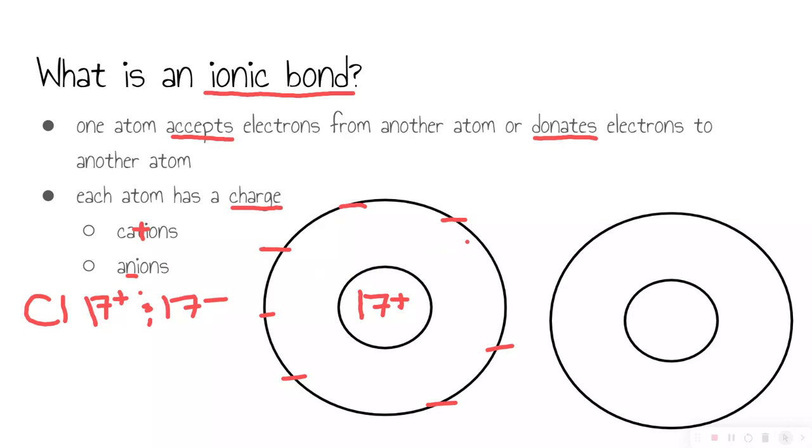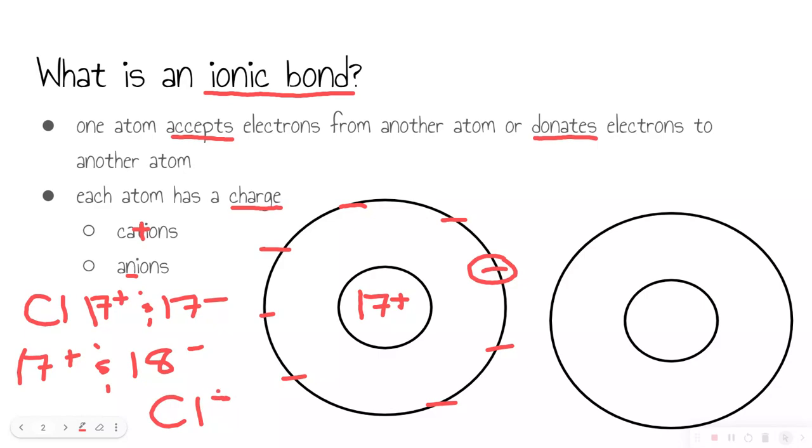So chlorine could get rid of all 7 of its electrons here, or it could just gain 1 more electron. If chlorine gains an electron, it will still have 17 protons. Chlorine will always have 17 protons, but it will have 18 electrons. So it will have 1 more electron than it has protons. So chlorine will have a negative charge. We're going to write that as Cl-. Chlorine has a negative charge, so it is an anion.